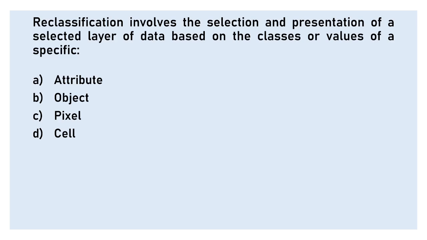When you do reclassification, you can make it 0 to 100, 100 to 200, 200 to 300, like that till 1000. So that kind of reclassification can be done. So, the selection and presentation of a selected layer of data based on the classes or values of a specific what? Using what can we do this?